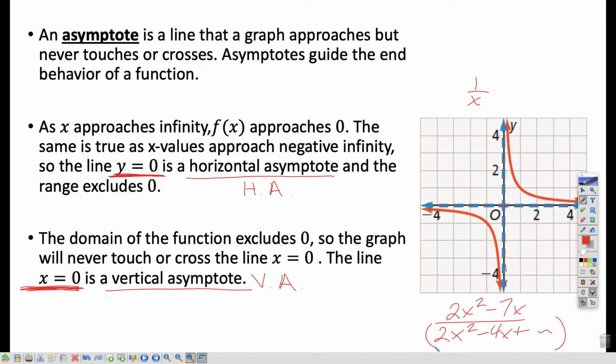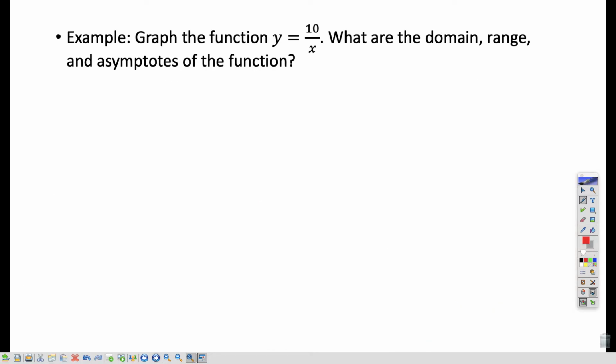Factor, solve for 0, and that would tell me my domain restrictions or my vertical asymptotes. And then we will have another way for horizontal as we get more complex. But for today, I'm going to show you the h and k, and that's what you're going to use. The h and k is when you're very basic, but after that you have math that you have to do.